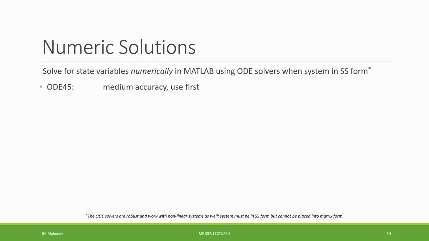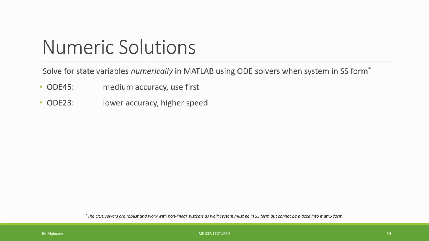Now, maybe there's a certain situation where we want to solve our ODEs faster. For complicated or very large-scale systems, ODE45 could be slow. If we have a million by a million system, maybe we have a million degrees of freedom, if we're talking about a dynamic system we're using finite element modeling to solve for, it could be pretty slow to solve using ODE45.